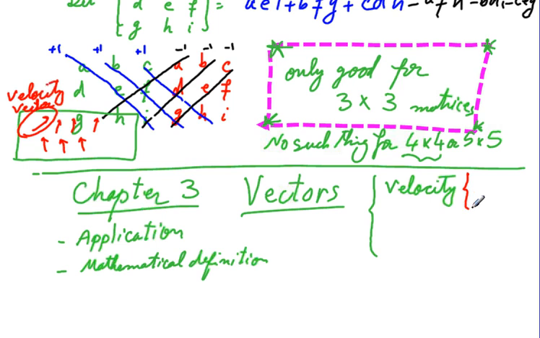So velocity has two things: a magnitude and a direction. Or instead of magnitude, you might call it a size. So wind velocity, or velocity of anything, has these two components, a direction and a magnitude.